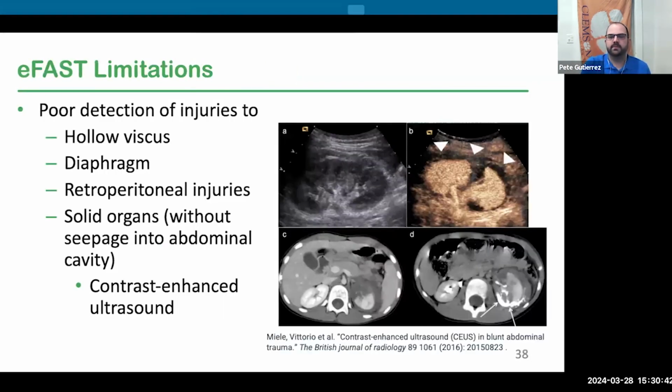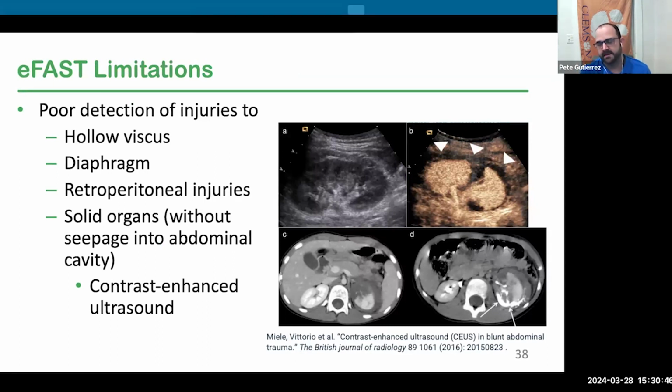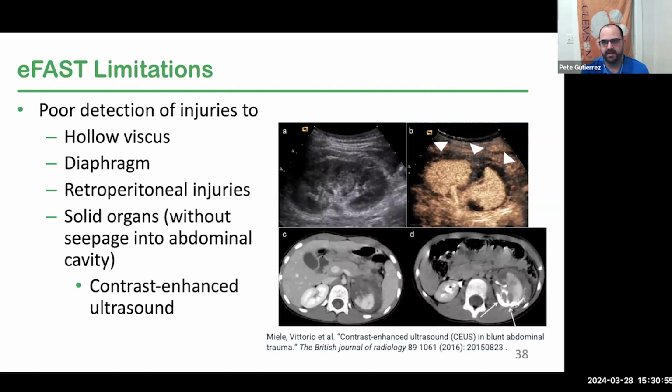All right, so now that we've talked about the EFAST and what it can do, it's important to talk about things that it can't do. First, it's not great at picking up every intra-abdominal injury, namely hollow viscus injuries, diaphragmatic injuries, retroperitoneal injuries, and those injuries that are contained within a solid organ where there's no seepage into the abdominal cavity.